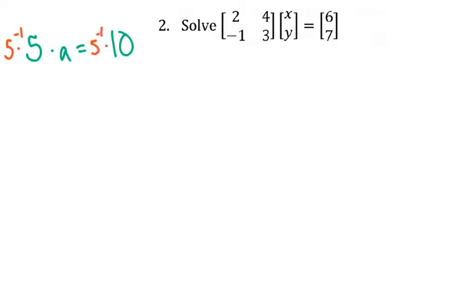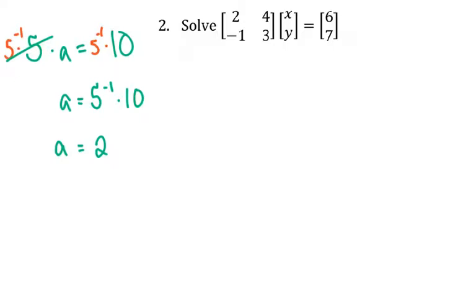It's a weird way to write it, but it's not wrong. And the 5 times the 5 inverse cancel out, and I'm left with my variable by itself is equal to 5 inverse times 10, which in this case is 2.